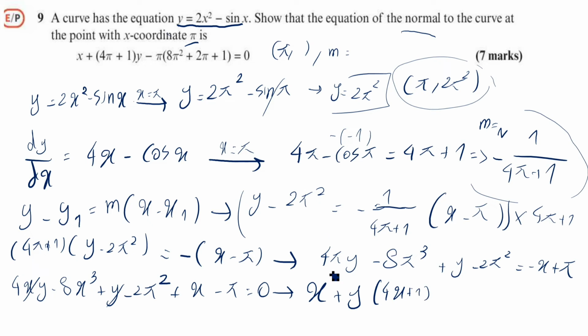And the second step is factorizing minus 2 pi squared. So we do minus 2 pi squared, and here it's going to be 4 pi plus 1. Now it's going to be plus x minus pi, and also here it's going to be plus 1.